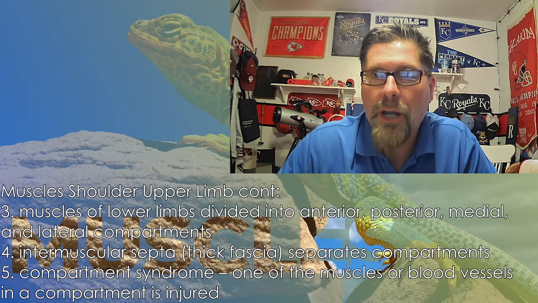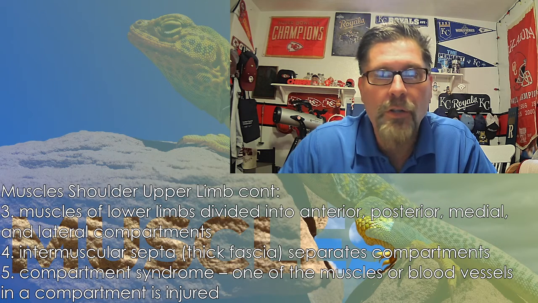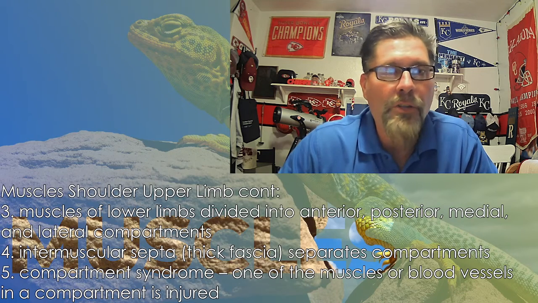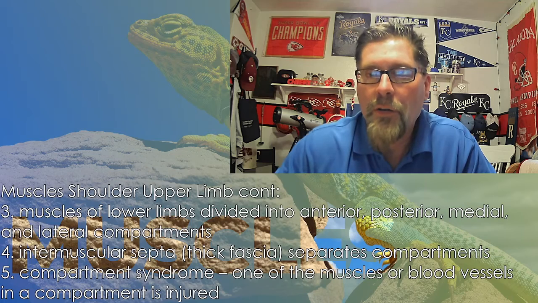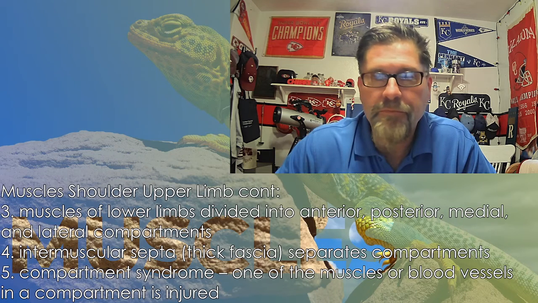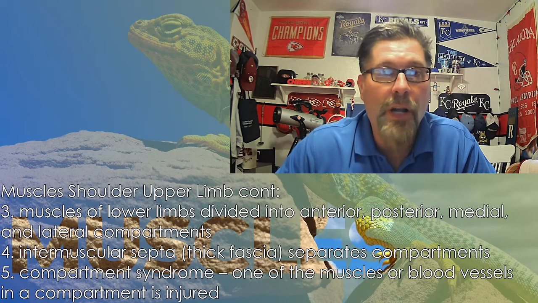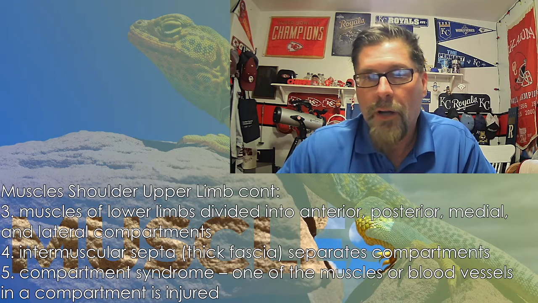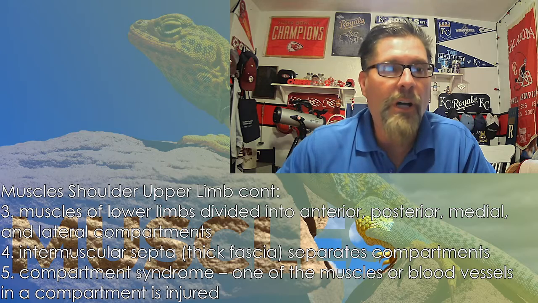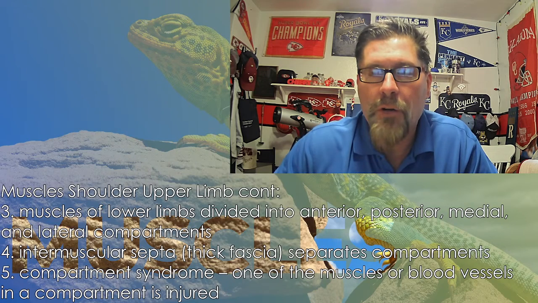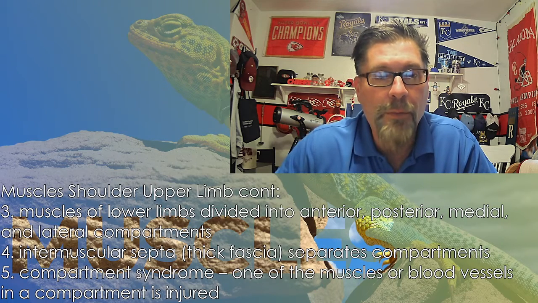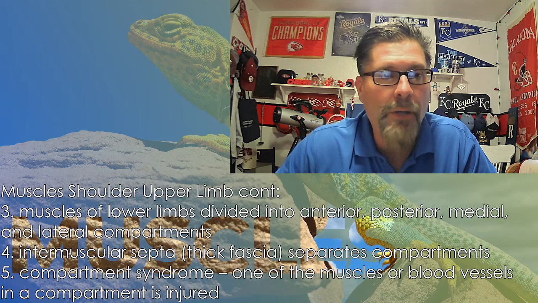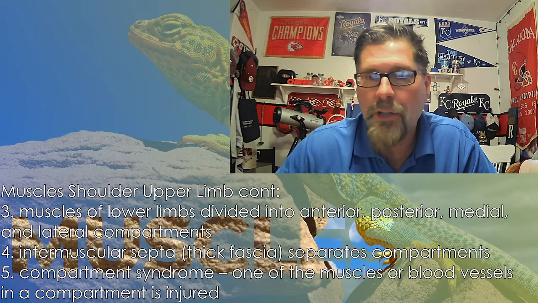So what can happen is a buildup of pressure due to the amount of fluids or other things that the body is trying to use to heal the injury. That can create pressure, and that's called compartment syndrome. And there at the bottom are five, and on the next screen we talk more about it. But in general, it's a buildup of pressure due to small space, but now we're occupying that space with fluids and things like that.